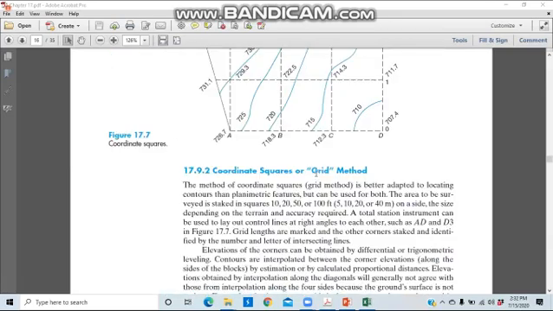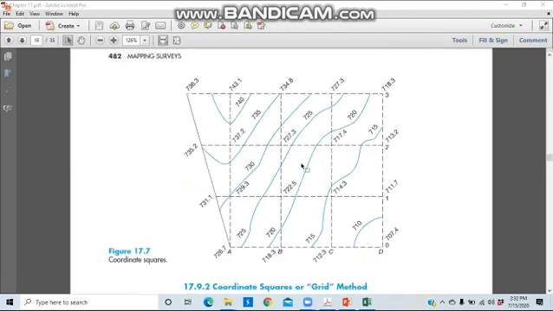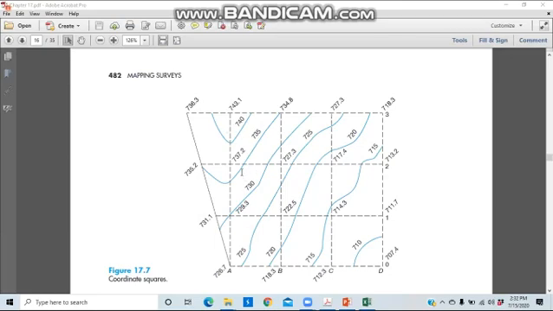This coordinate scale or grid method. So if you see what we were talking on grid method, this was the area you wanted to survey, you divided that area into squares, and from those squares at each intersection you took the readings, and with the help of those readings, x, y, and z coordinates, you develop these contours.